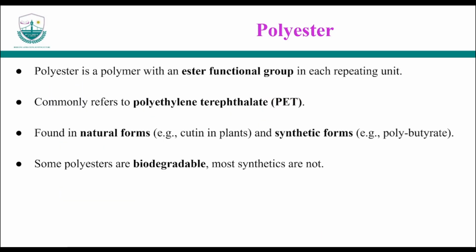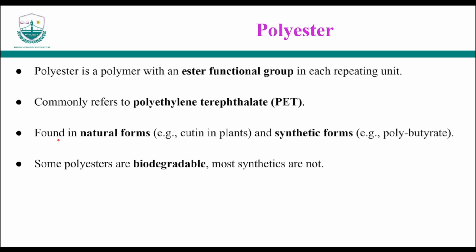Okay, so the polyester, just as the name suggests, poly means many. Ester is the functional group in this polymer. So the ester is a functional group, and it's there in each monomer.